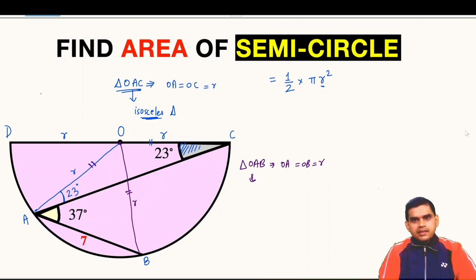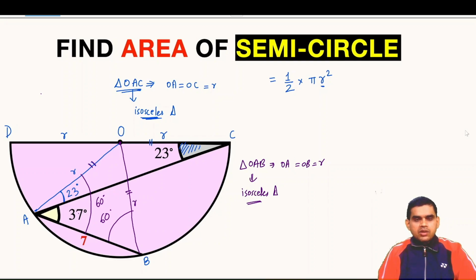So we can say that this triangle OAB is also an isosceles triangle. And we just saw the property of an isosceles triangle that the angles opposite to equal sides are equal. So if we see this angle, this will be 37 plus 23, that is 60 degrees. So this angle will also be 60 degrees.